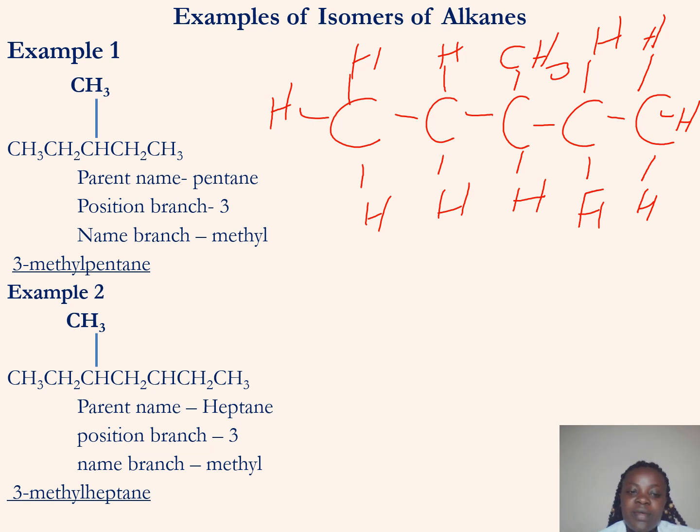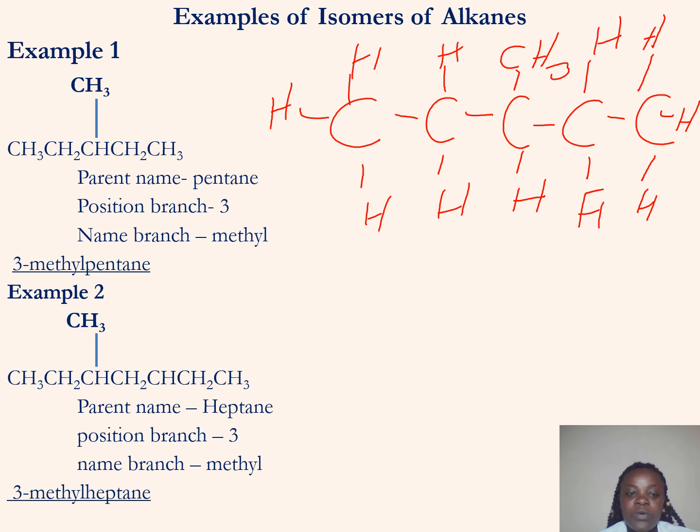We start by giving the position of the branch, the name of the branch, and then the parent name. So for our isomer here, it will be 3, with that dash there, don't forget. So 3-methyl pentane. That is the name of that isomer.